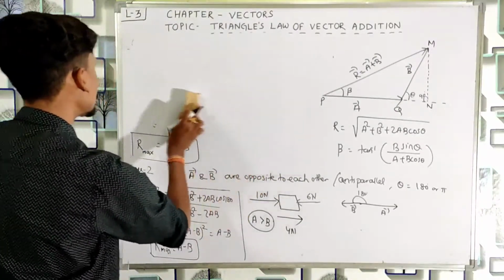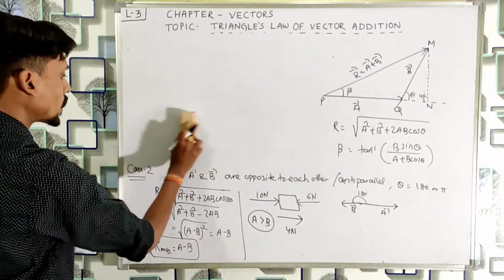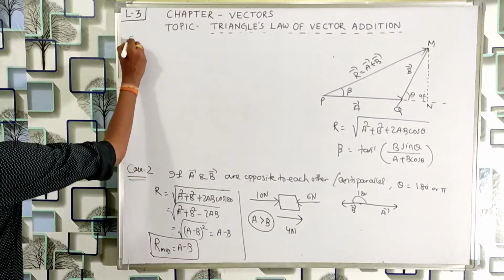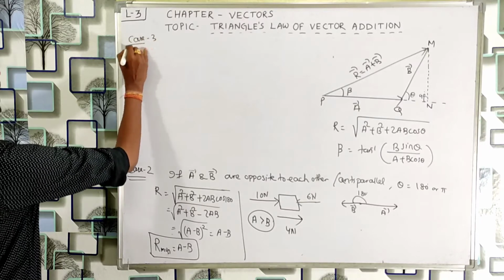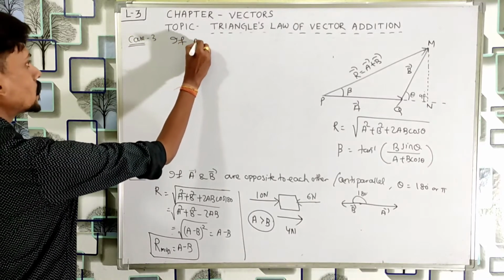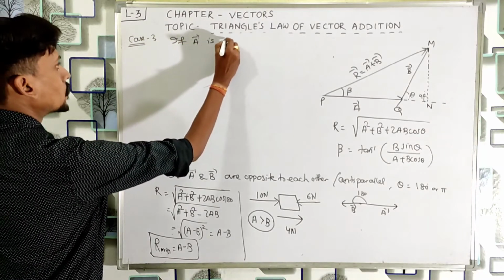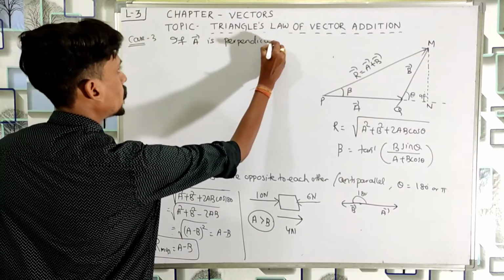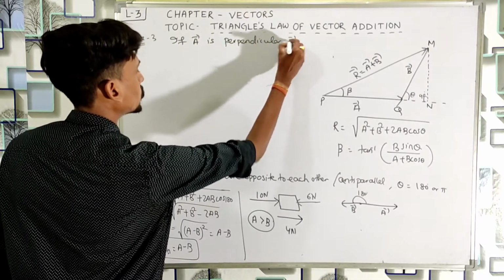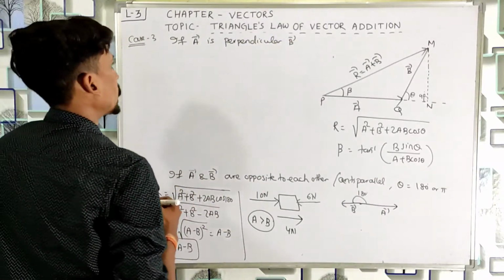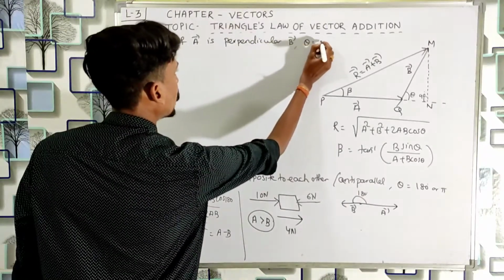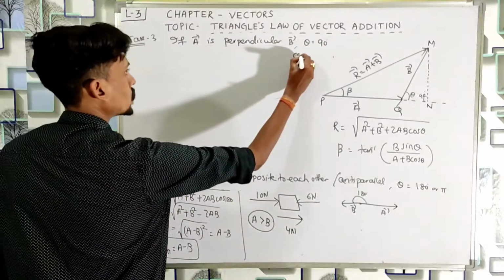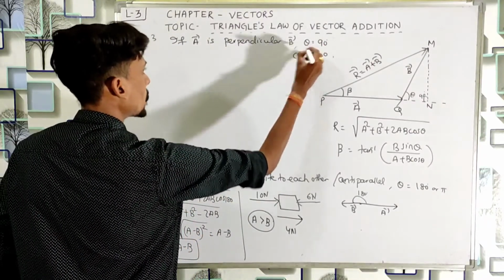The third case is if the two vectors are perpendicular to each other. Case number 3. If vector A is perpendicular to vector B, then what will happen? Then theta will be equal to 90 degrees and cos 90 will be 0.